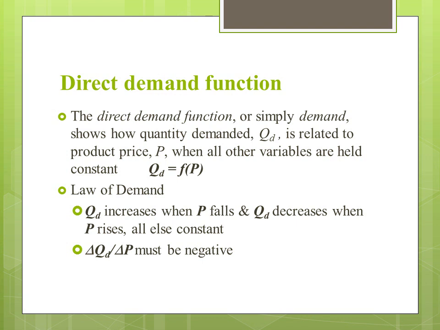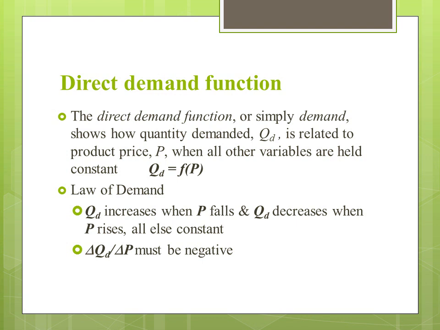All other variables are held constant. When the price of a good increases, its quantity demanded will decrease, and when the price of a good decreases, its quantity demanded will increase. This is also called the law of demand.